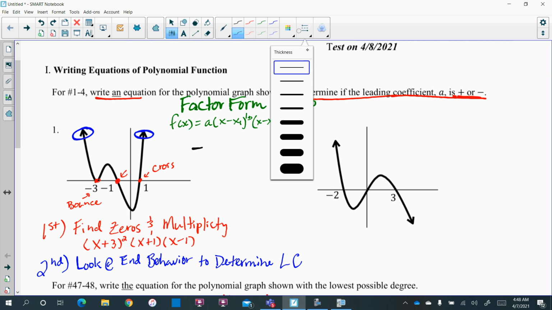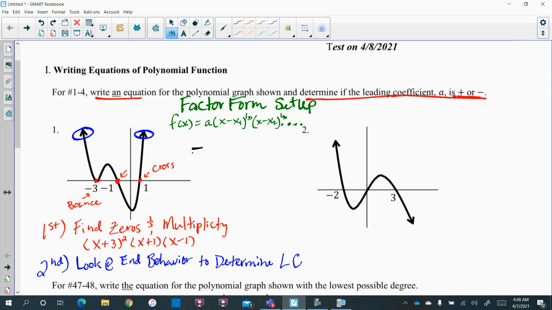I'm going to change my font, sorry. So A is positive, so I don't have to change the sign on that because it's up, up, and then I would have (x plus 3) squared, because that was the bounce, and then x plus 1, and then x minus 1. And that's it. That's all I would need.